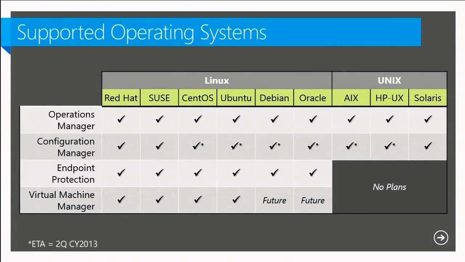Due shortly, yes. We've also added System Center Endpoint Protection for Linux, that full breadth of Linux operating systems. And on Virtual Machine Manager, we'll get there once Hyper-V declares support for Debian and Oracle. And we're continuing to support in Operations Manager and Configuration Manager the big Unixes, AIX, HP-UX, and Solaris.